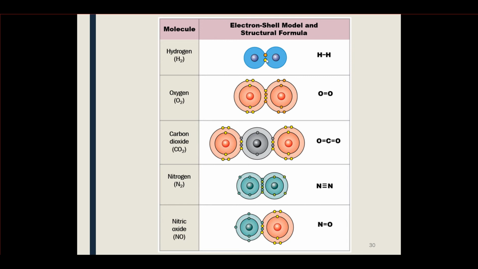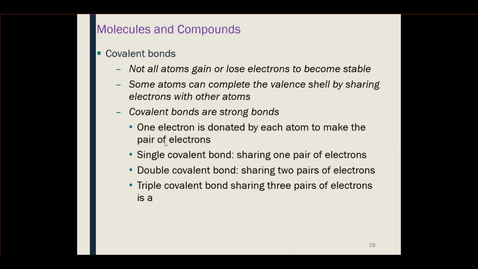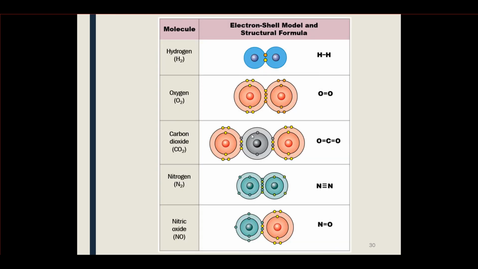Since we're sharing one pair of electrons, we draw that as a single line. We draw it H, line, H. That line tells us it's a single covalent bond. It's the sharing of one pair of electrons. We're going to see a lot of those in A&P 1.